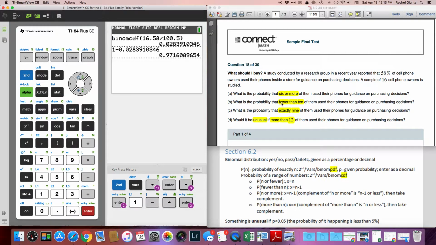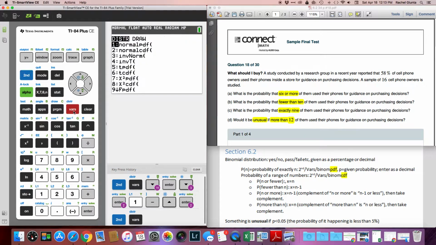B, what's the probability that fewer than 10? So if the wording is fewer than, it's still binomial CDF, and again we're going to be subtracting 1 from the number that they give us. So back to second var's binomial CDF. And we get to leave our 16 and our 58 divided by 100 the same.